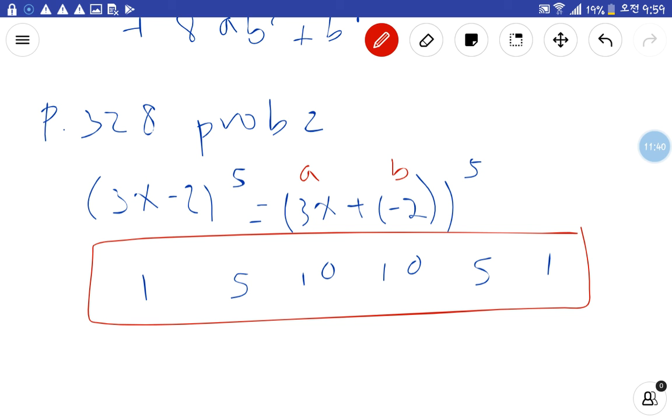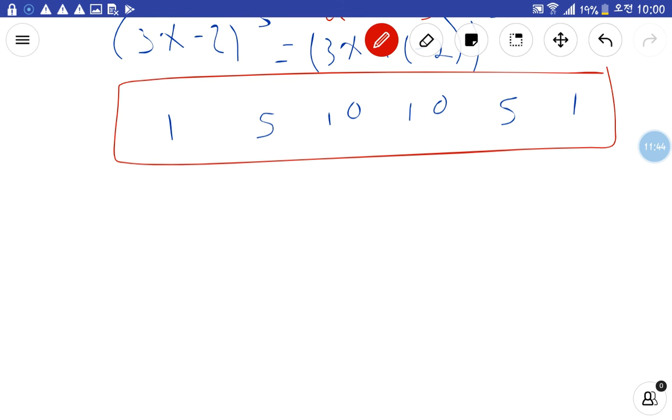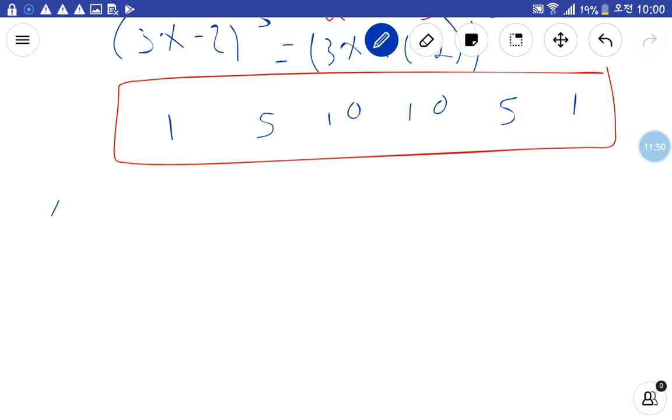So you have to keep in mind that you are using 3x for a and negative 2 for b. Now I have 3x minus 2 to the 5th power, starting with 1 times 3x to the 5th power, and negative 2 to the 0 power would be nothing.